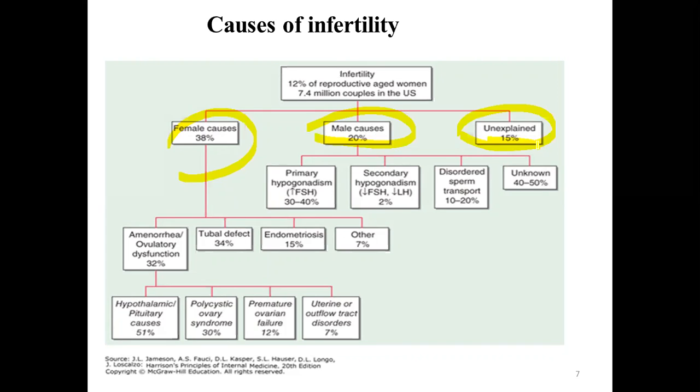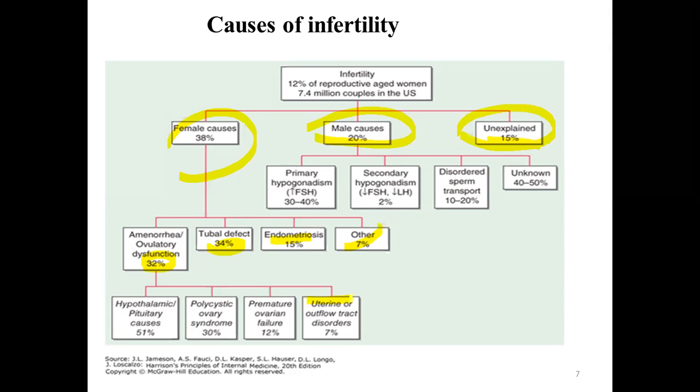When you look at the female causes, ovulatory dysfunction accounts for a significant proportion, 32%, but it can be due to a tubal defect, endometriosis, or other factors. Ovulatory dysfunction can be a problem in the hypothalamus, premature ovarian failure, or any problem in the uterus or an outflow obstruction disorder.